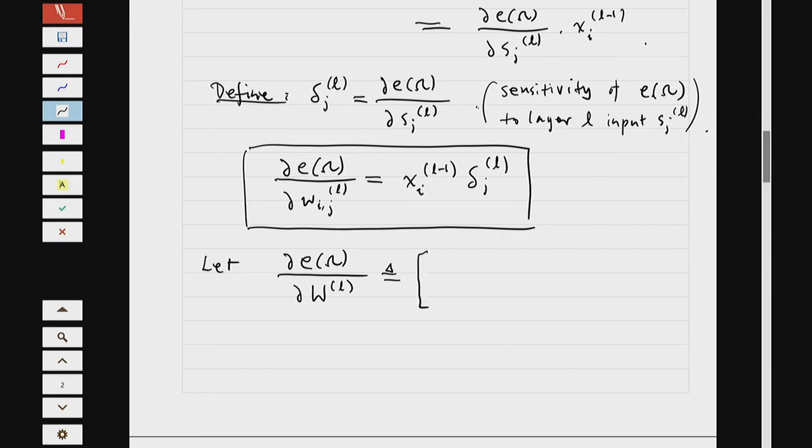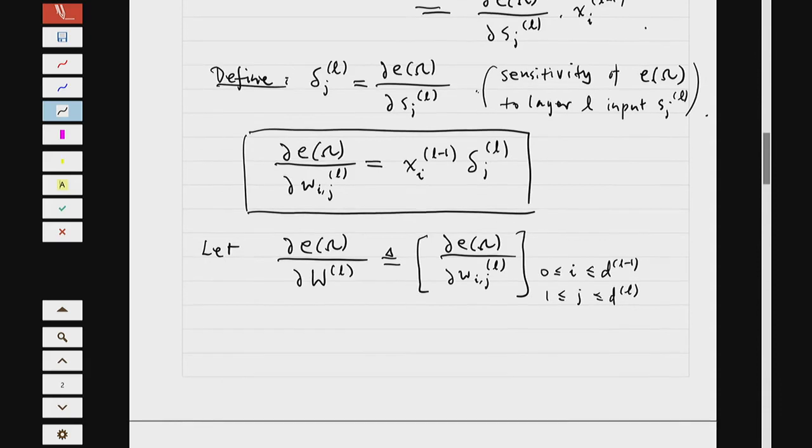Same with the collection of these partial derivatives. It's a matrix now because big W is a big matrix. And I, as we have seen before, goes from 0 to D L minus 1, and J goes from 1 to D of L.